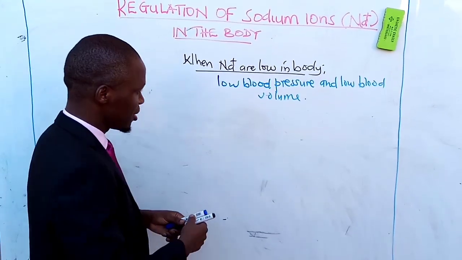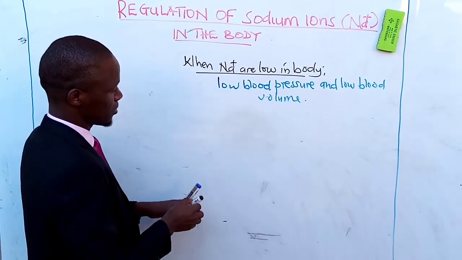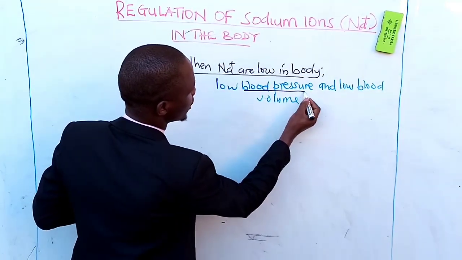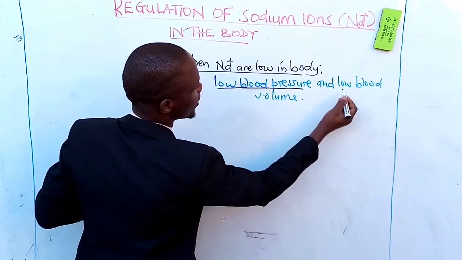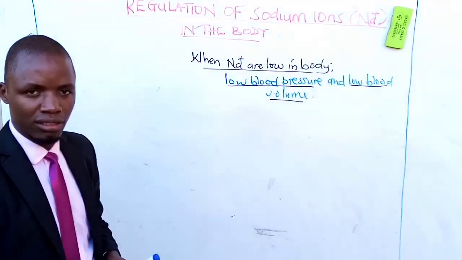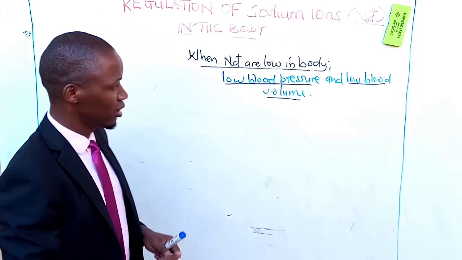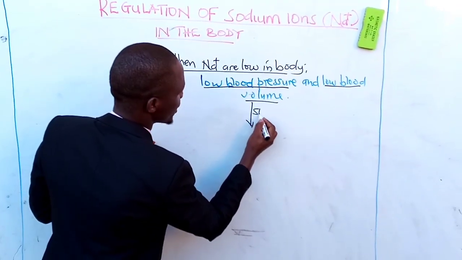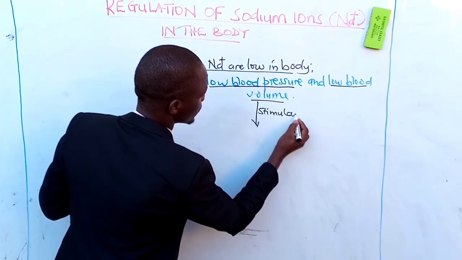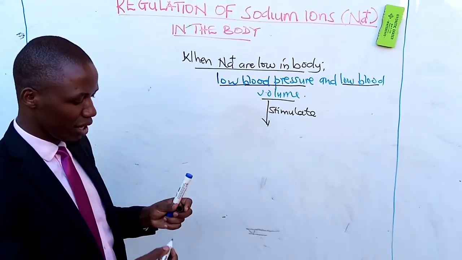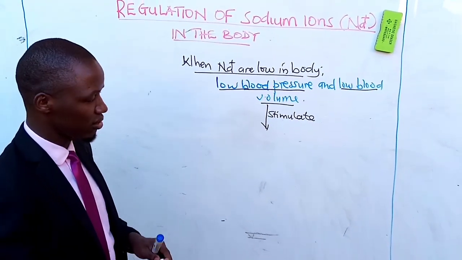So it is these two, the low blood pressure and the low blood volume, that are going to act as stimulus, which are going to stimulate a group of cells.